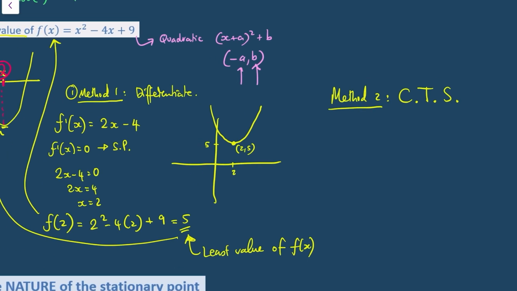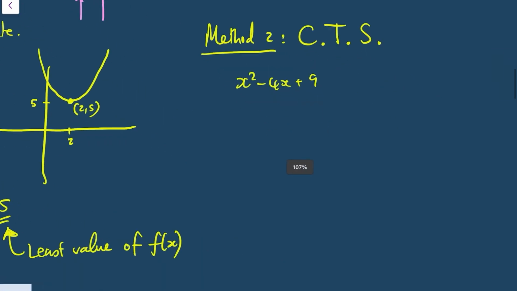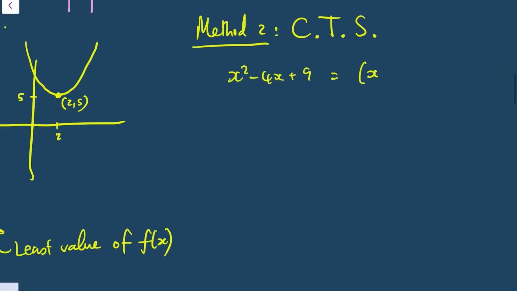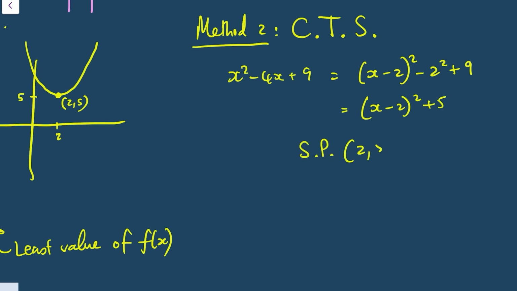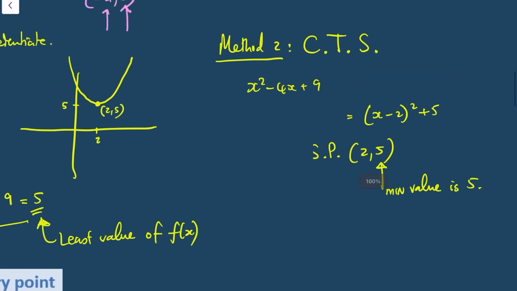So let's do that. x squared minus 4x plus 9 gives me (x minus 2) in brackets, subtract 2 squared, plus 9. That becomes (x minus 2) squared plus 5. So my stationary point is at (2, 5), and so my minimum value, or the least value of f of x, is 5. Okay.